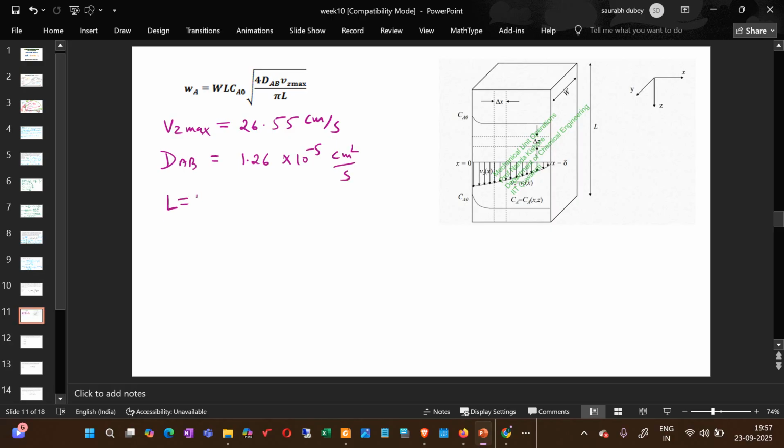L equals 13 centimeter, W equals 8.8 centimeter. These are the L and W. DAB you know, right? Now the molecular weight MA you are given.